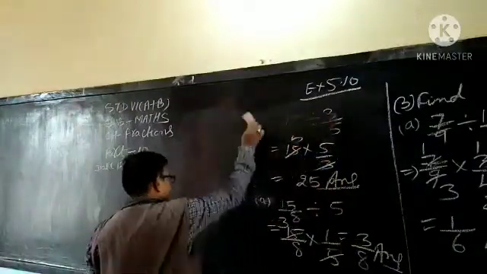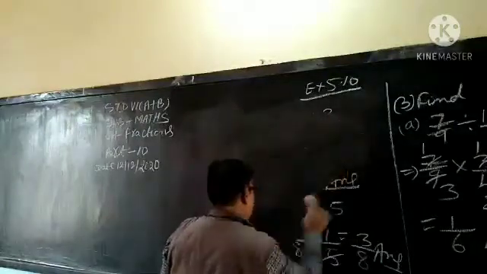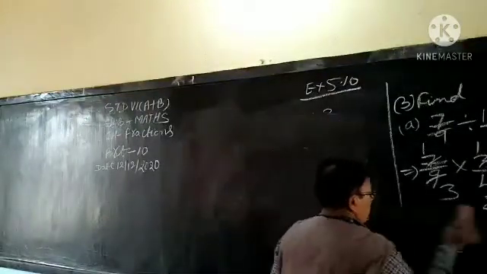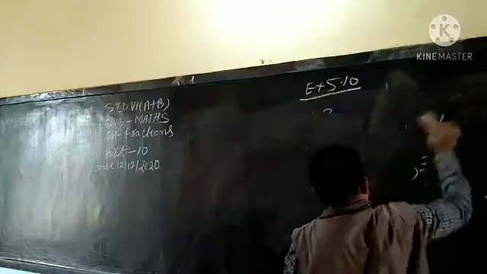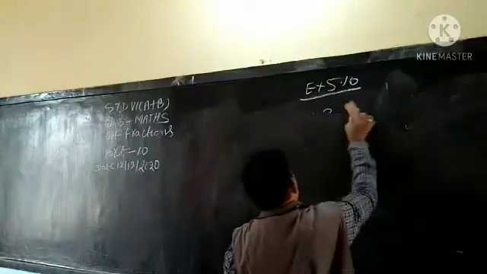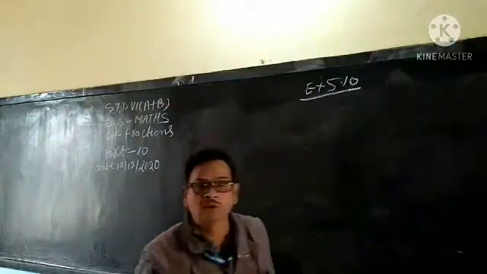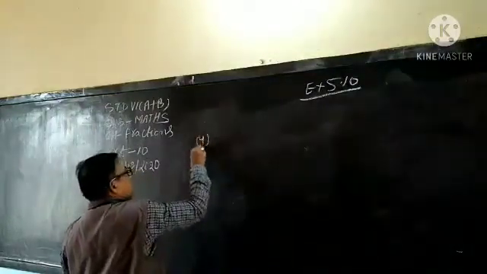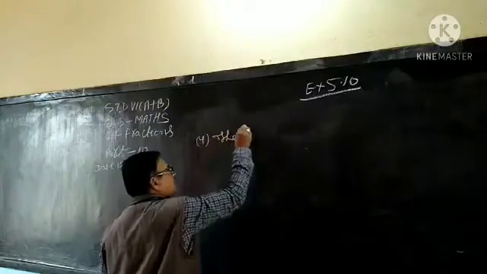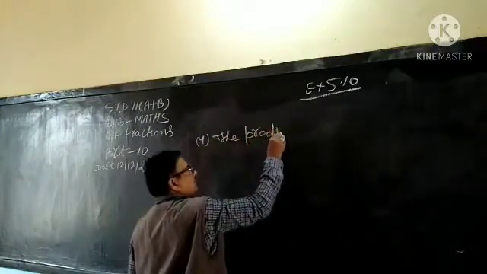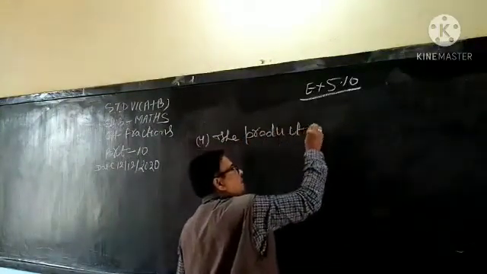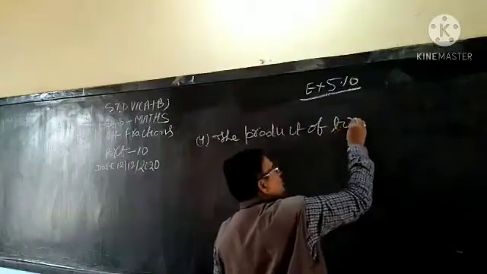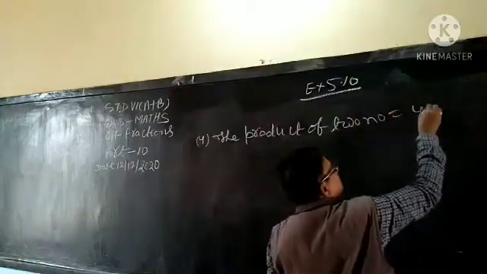Now see this one. Question number 4. The product of two numbers is equal to 42.